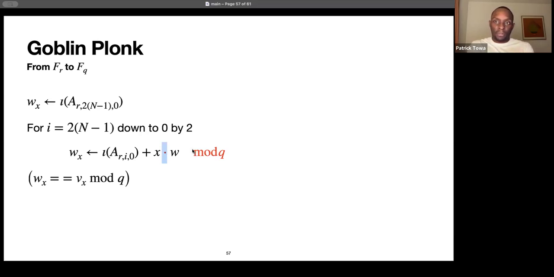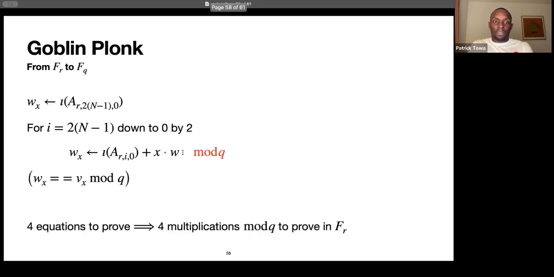I'm just trying to exemplify this. This is the simplest algorithm that you can do for this. At each step I only have one multiplication because I only look at the left column, but we had four columns, so you have four equations to prove, so four multiplications mod q to prove in FR. Basically, per operation that you had to do, you have to pay four multiplications mod q.